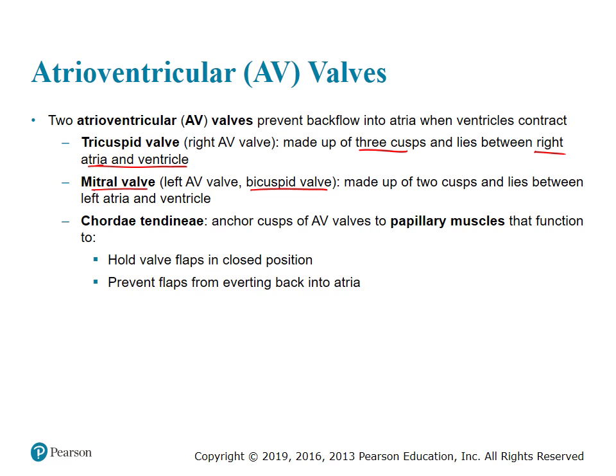An easier way to memorize it: tricuspid, bicuspid. There's only two flaps. We call them cusps because they're not flaps, they're actually cupped. They kind of have a little cup there. So again, the mitral valve, or bicuspid valve, because there's 2.